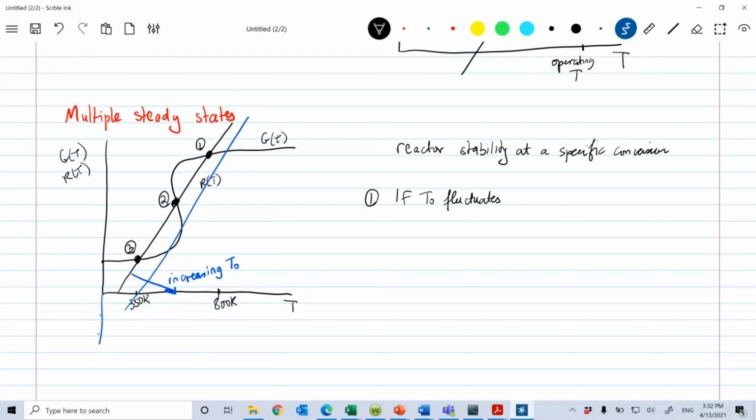And the way to look at it is to look at how much heat is generated versus how much heat is removed. So if T naught fluctuates, you'll find that R of T is larger than G of T. Basically, you can look at the slopes, right? If R of T, which is heat removed, is larger than G of T, the reactor will go back to point 1.